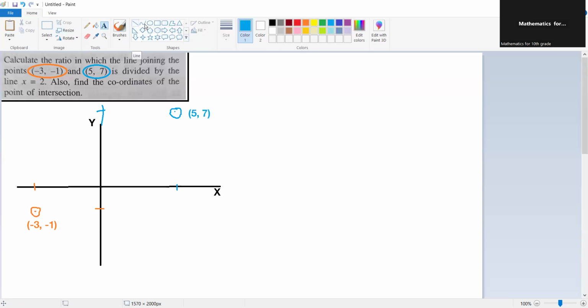If I join a line between them, this would be the line. And we have to calculate the ratio in which the line joining these 2 points is divided by the line x equal to 2. This is x equal to 2.